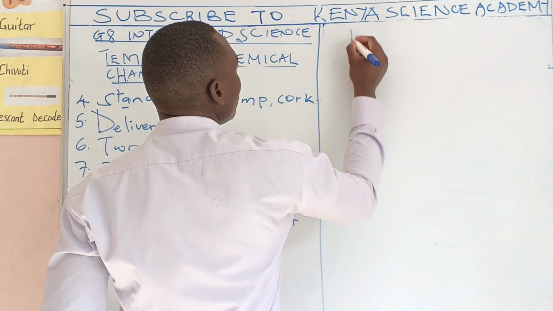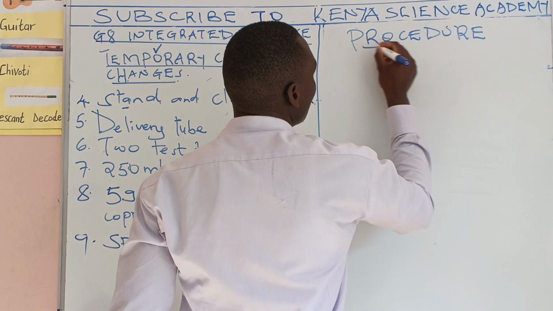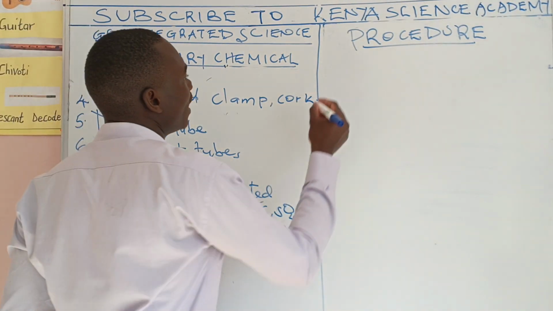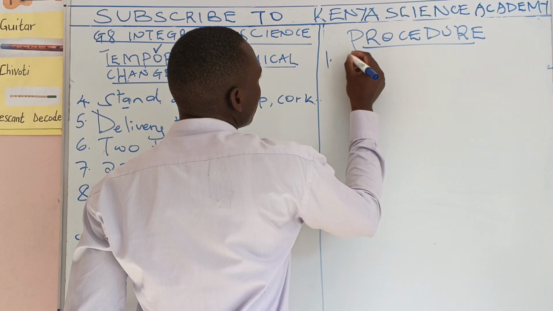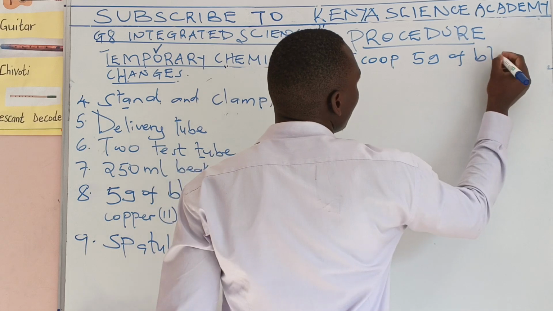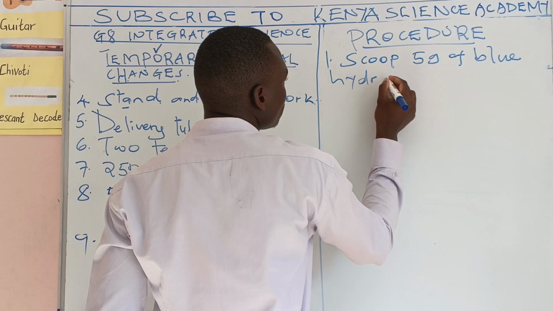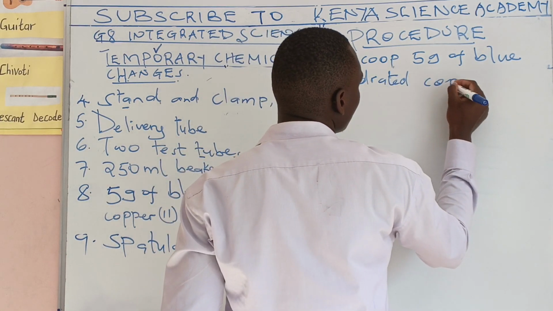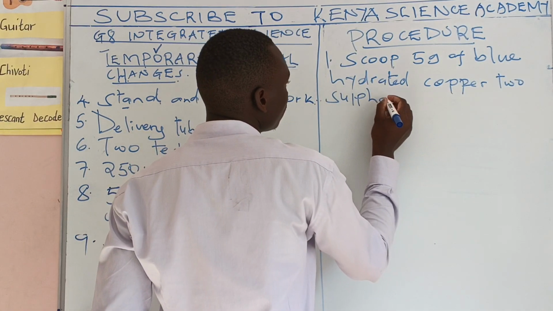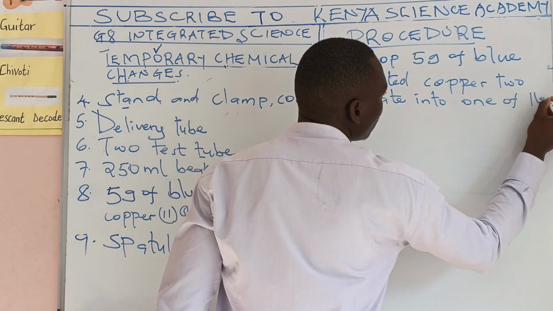The procedure: we have 2 procedures. Number 1, scoop 5 grams of blue hydrated copper 2 sulfate into one of the test tubes.